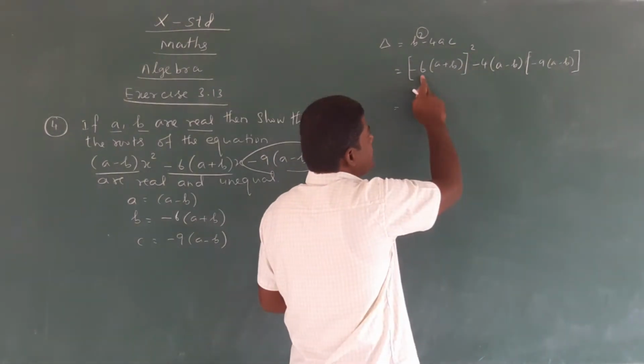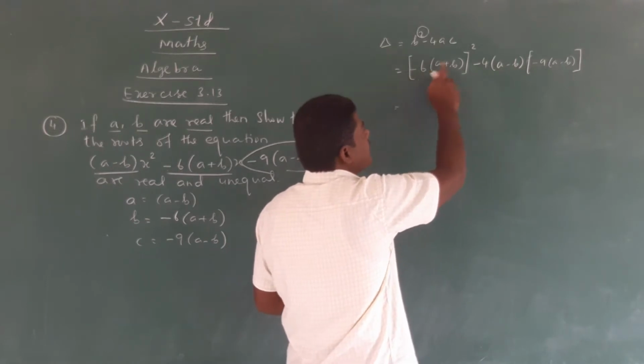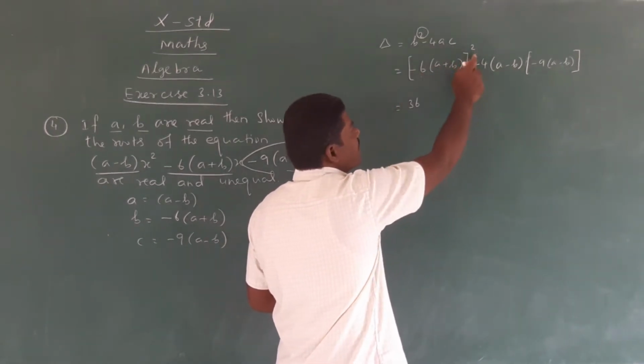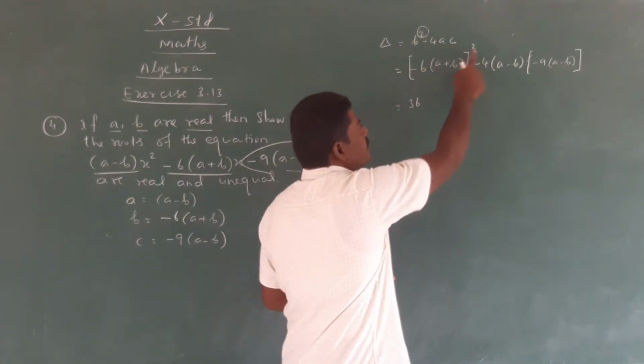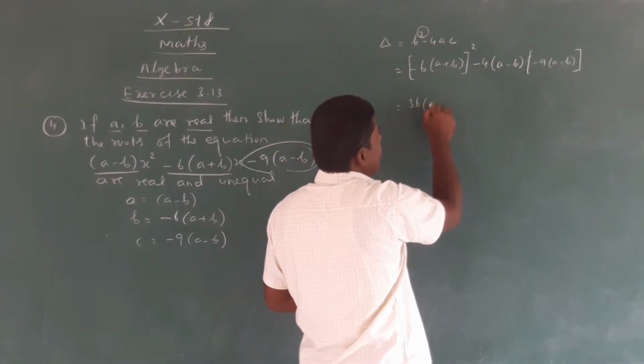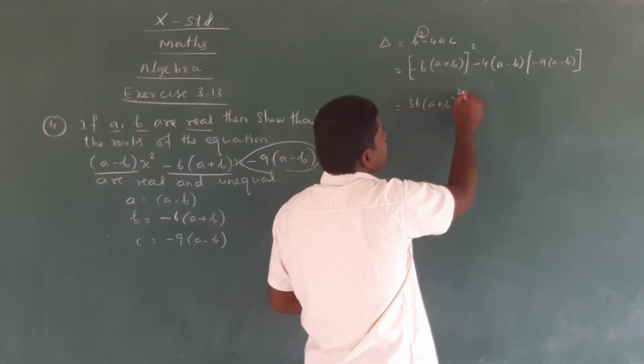Minus 6(a + b) the whole square is nothing but plus 36, so minus 6 squared becomes plus 36. Understand? So (a + b) the whole square remains (a + b)². Here minus 4 into minus: you multiply the numbers first. Minus 4 multiplied by minus 9 is plus 36, and (a - b) multiplied by (a - b) gives (a - b) the whole square.